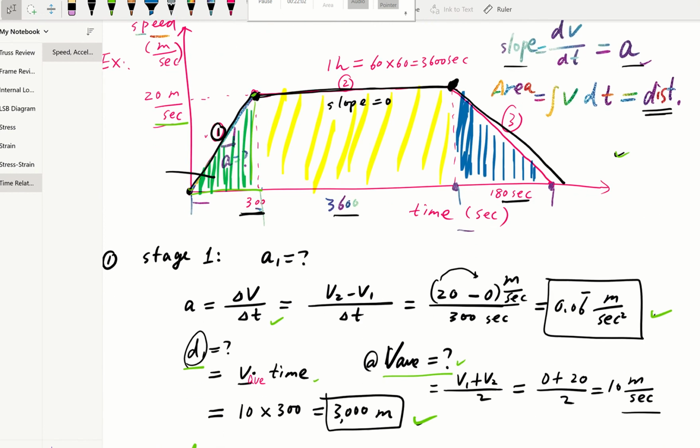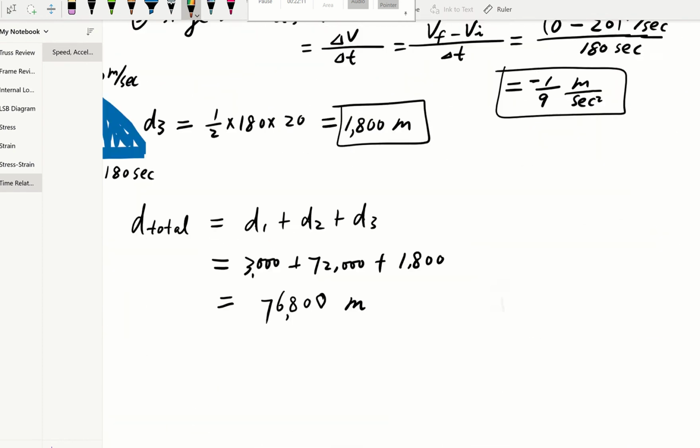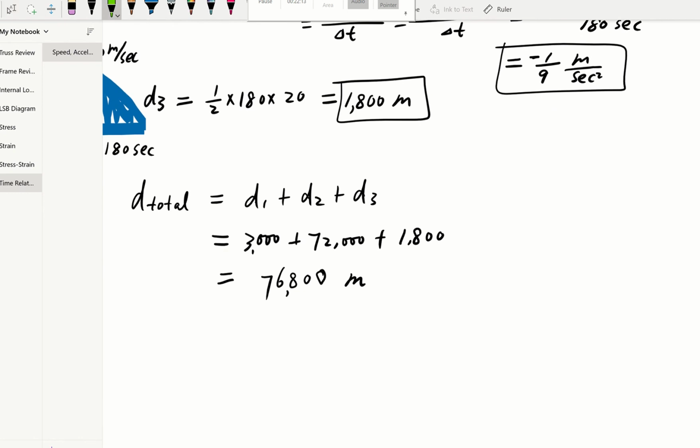This entire curve is a trapezoid shape. So now if we know the formula for trapezoid area, then we can just figure out this distance in one step. Okay, so let's get the trapezoid dimensions here. This is where the smooth sailing is, right? And that takes 3,600 seconds.